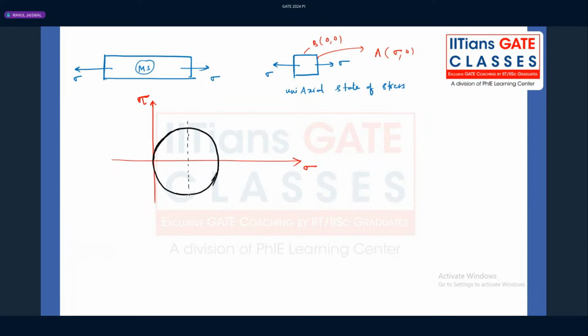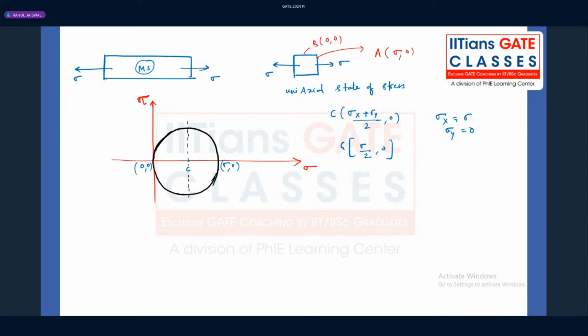And this will be the center. The center of the Mohr circle is (sigma x plus sigma y)/2, which is sigma by 2 comma 0, since sigma x is sigma and sigma y is 0.